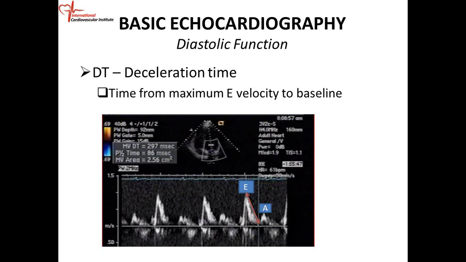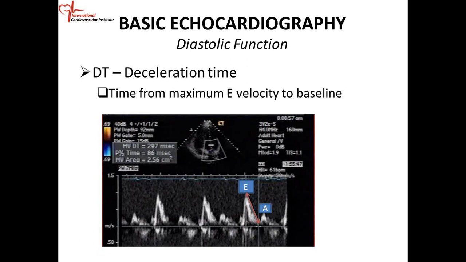We use pressure half time when we're assessing the severity of, say, aortic insufficiency, pulmonic regurgitation, and we also use it to calculate valve area when we're looking, say, at the mitral valve. We use pressure half time. We don't use deceleration time.